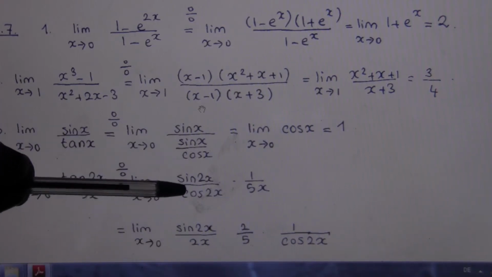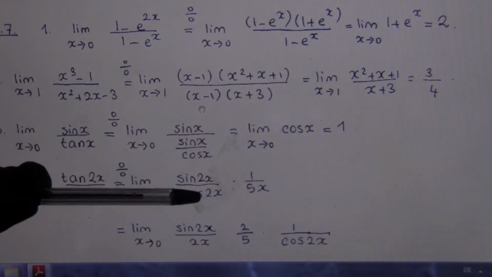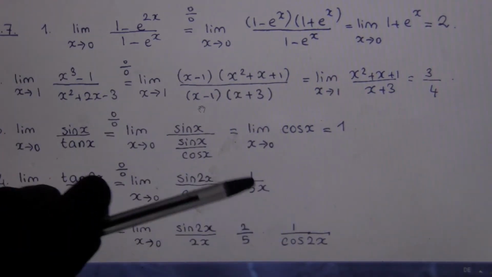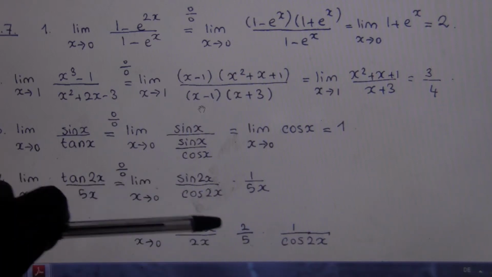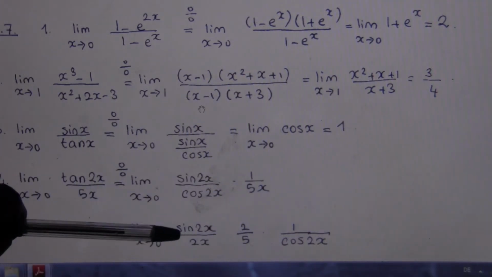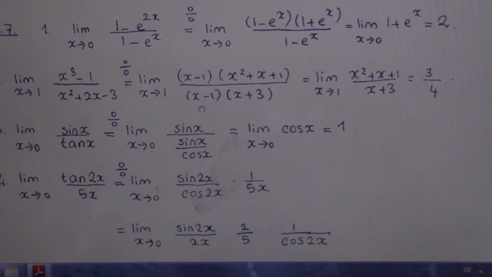Then they just separated this 1 over cos 2x. So that's how they took this and spread it out. And I'm glad that this is my last one, because this comprehensively shows every area of thinking.